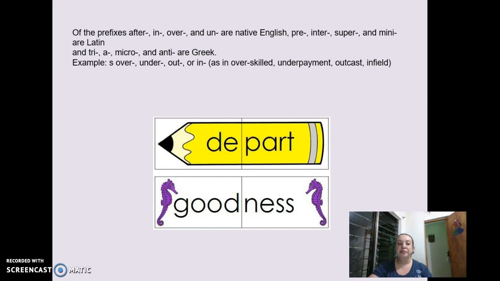Latin prefixes: inter, tri, micro, anti. Examples: overskills, underpayment.